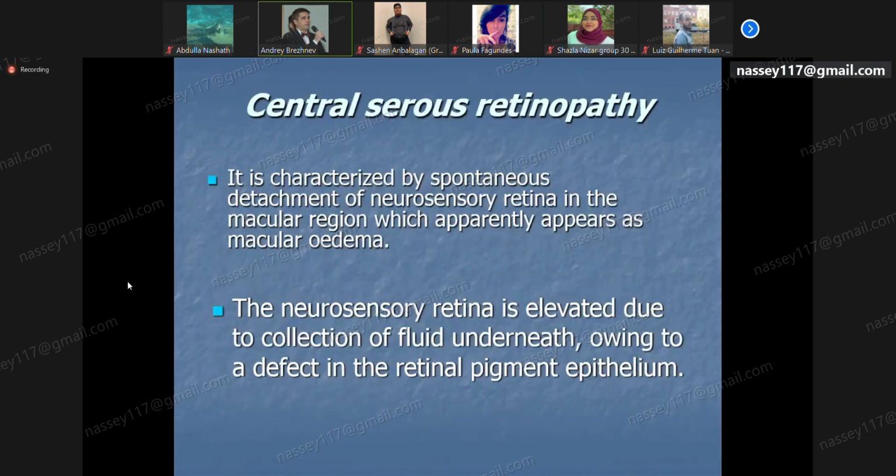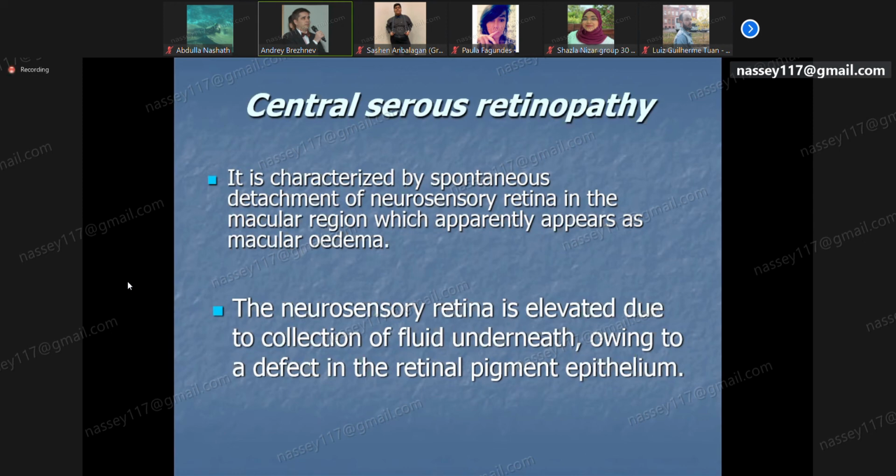Sometimes we can see such a disorder as central serous retinopathy. It is characterized by spontaneous detachment of neurosensory retina in the yellow spot, which apparently appears as macular edema.